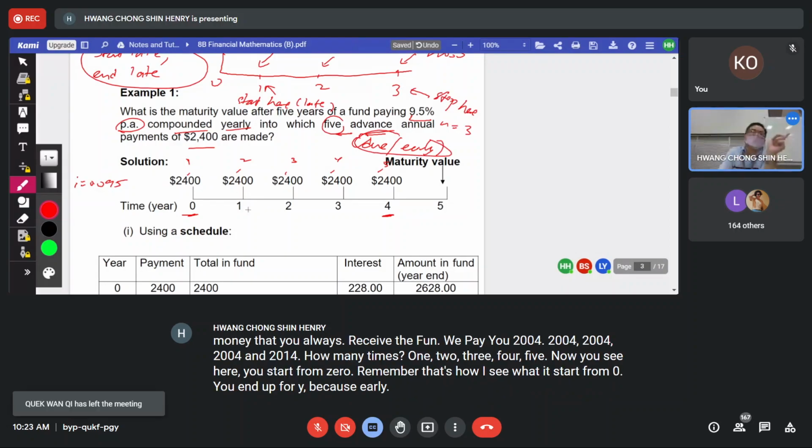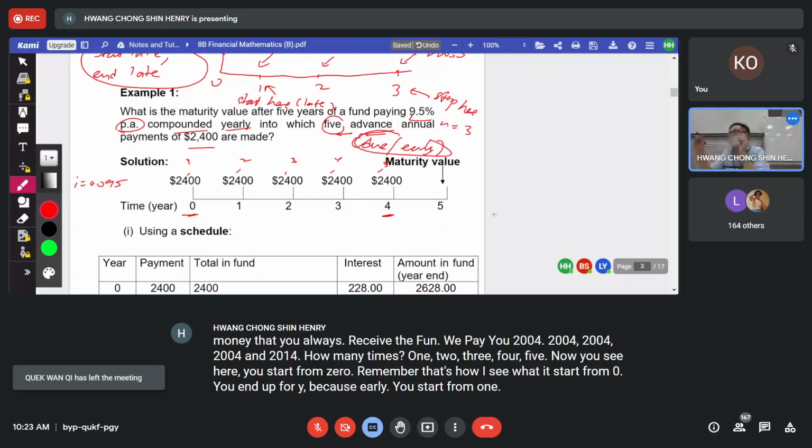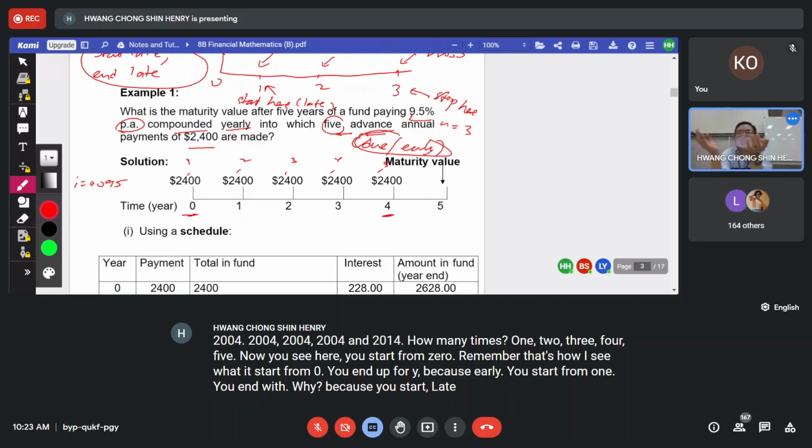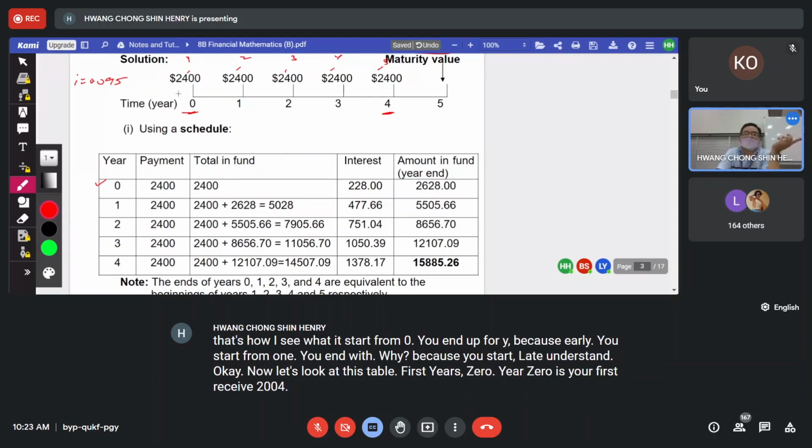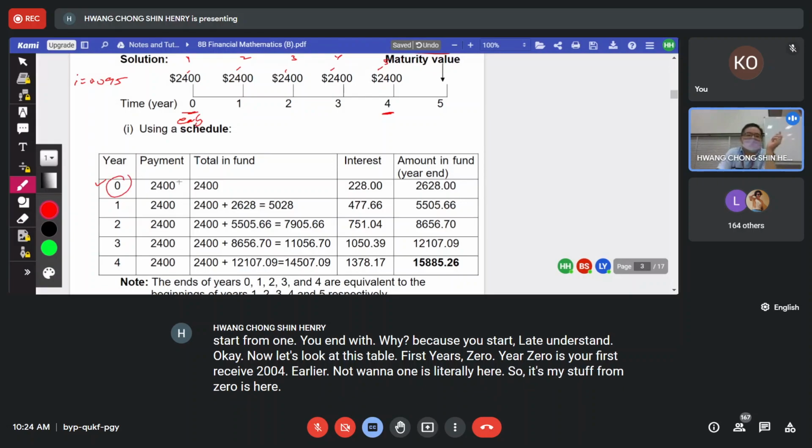If you start from 1, you end with 5 because you start late. Understand? Okay, now let's look at this table. First, year 0. Year 0 is your first received 2004. Early, not 1, 1 is late already. So it must start from 0. You see here? 2004 payment. So the fund pays you 2004.